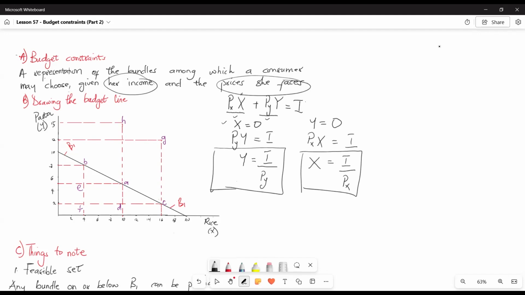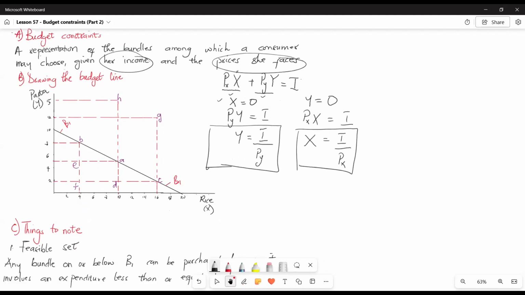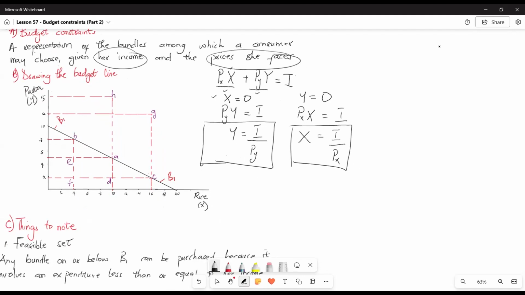Now let's move on to the budget line. Let's assume a consumer called Ella who spends an income of £100 per week on two goods, rice and pasta. So we have rice on the x-axis and pasta on the y-axis. Assume that the price of rice is £5 and the price of pasta is £10.